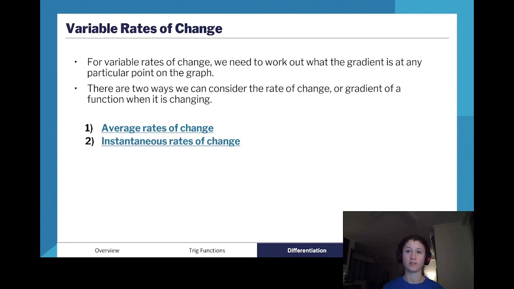So it's not really correct at either point, but it is the average of all of the rates of change over a certain period. Your instantaneous rate of change tells us what the rate of change is at a particular instant, at a particular moment, right?